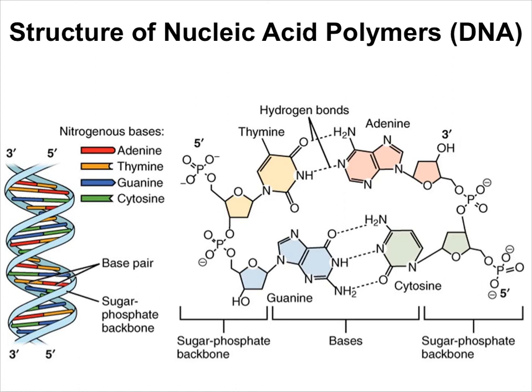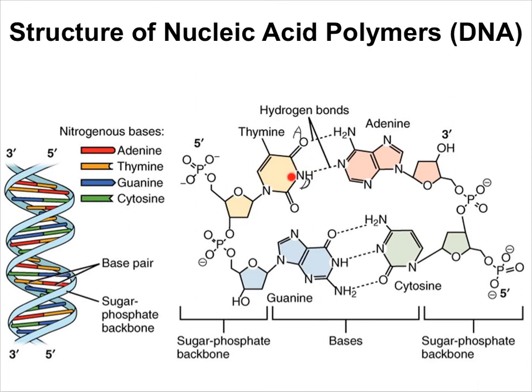So for instance, in thymine, we have this right here. This is an acceptor. And this here is a donor, right? So this carbonyl group here, it can receive a hydrogen bond, but it can't donate one because it doesn't have a hydrogen.